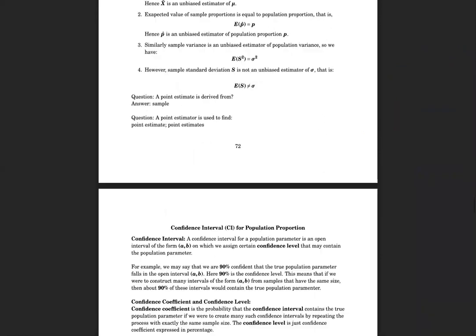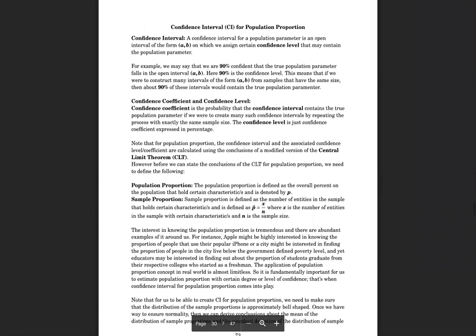Next, confidence interval. We talked about confidence interval being an open interval of the form A comma B, okay? To this confidence interval, we assign something called confidence level. That's the percentage that you associate with this confidence interval, that this interval will contain the population parameter that you're dealing with, okay?